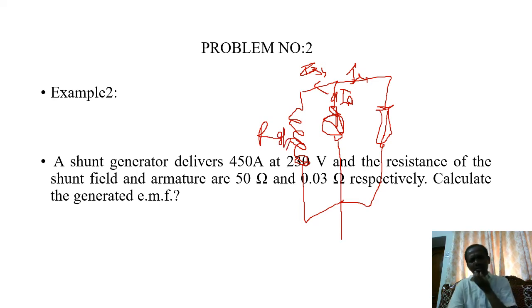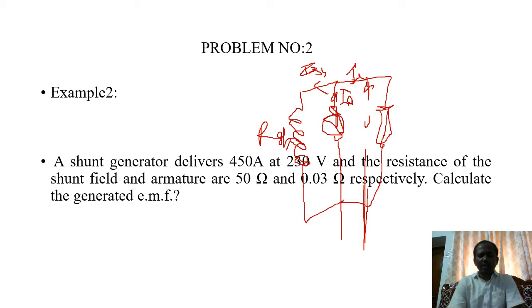The armature has a small armature drop IaRa, the generated voltage is Eg, and across the load the voltage is V.